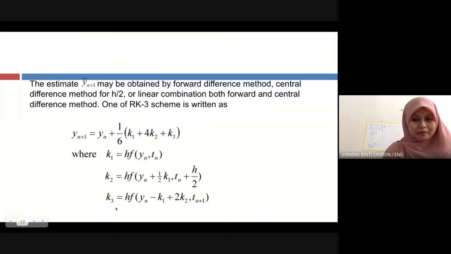So we have to calculate k1, then k2, then k3, and then we get y1. That is just for y1, and then we have to repeat for y2, y3, for as many steps as we need to calculate. It is longer, but more accurate by using this Runge-Kutta method.